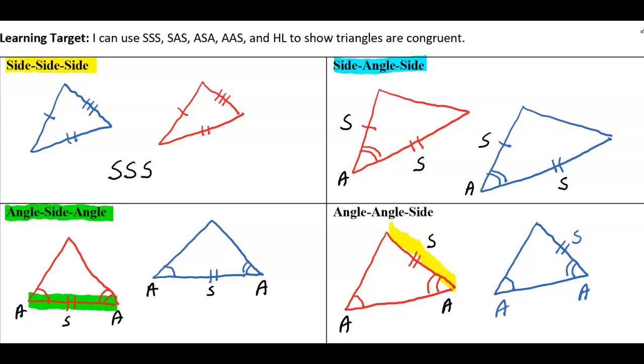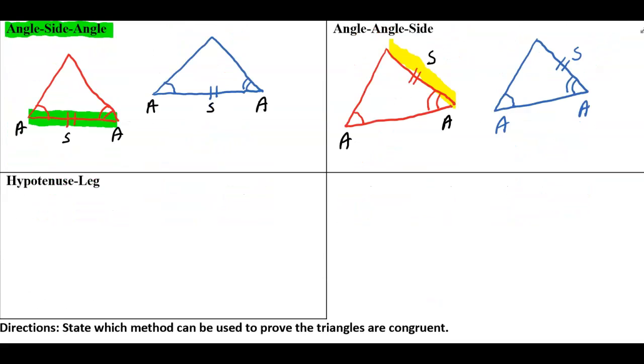Okay, so these are 4 of the 5 ways to justify congruent triangles. The fifth way is at the top here, and it's called hypotenuse leg. I'm going to scroll down a little bit. So I'm going to draw this right triangle over here just to do some vocabulary.